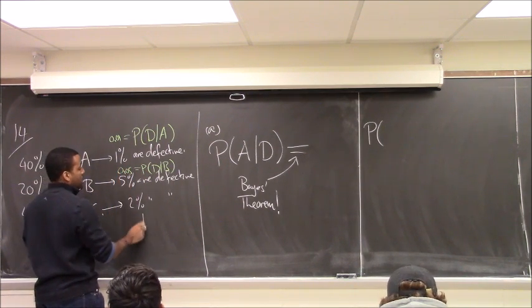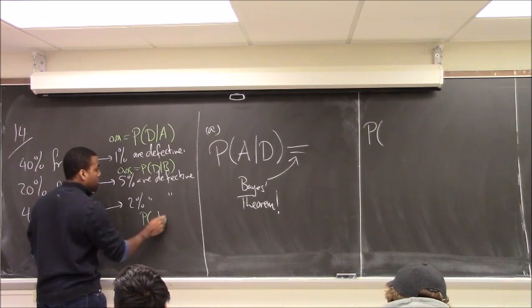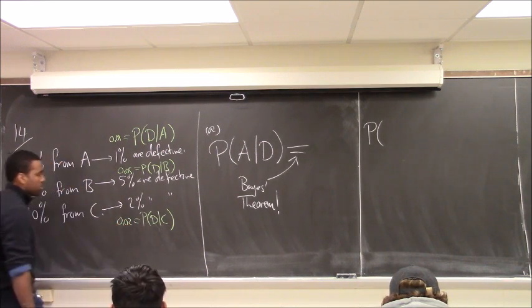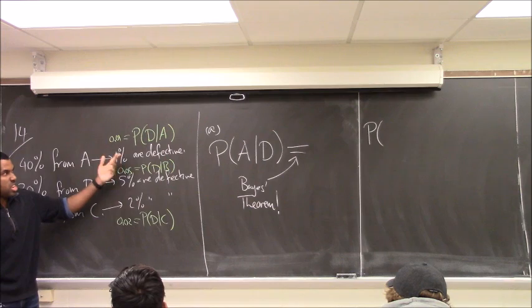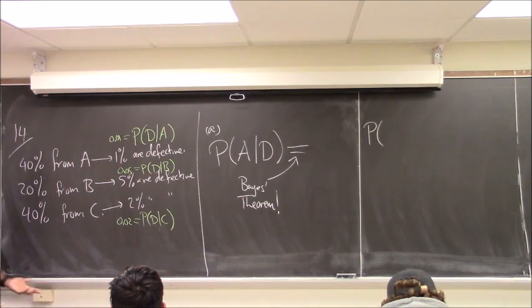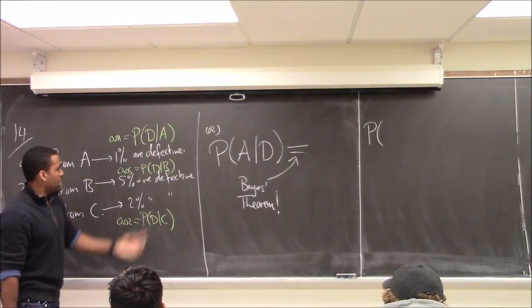And if it came from C, there's a probability of 2% that it would be defective. So we're given a bunch of conditional probabilities in the opposite order of the one we want. Bayes' theorem should be the obvious go-to here. We want A given D, but I only know about D given A, and D given all the other stuff.